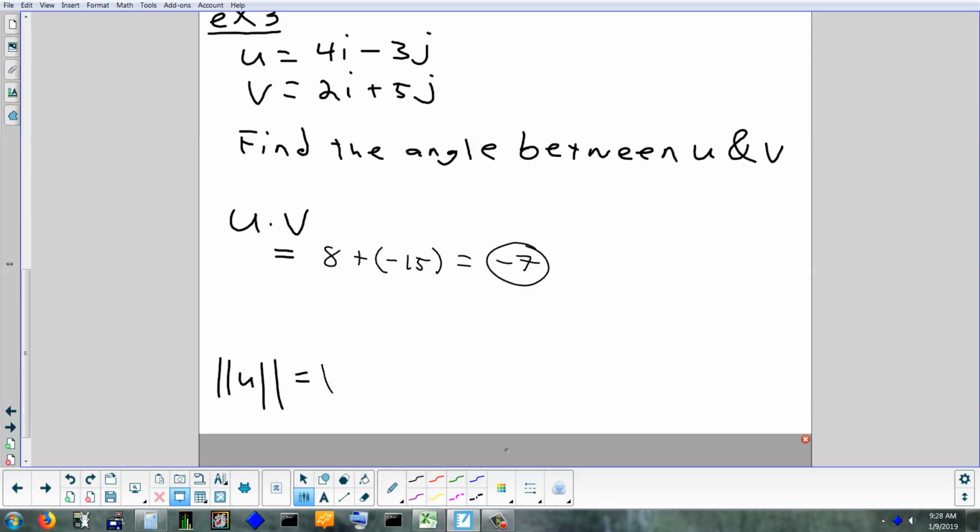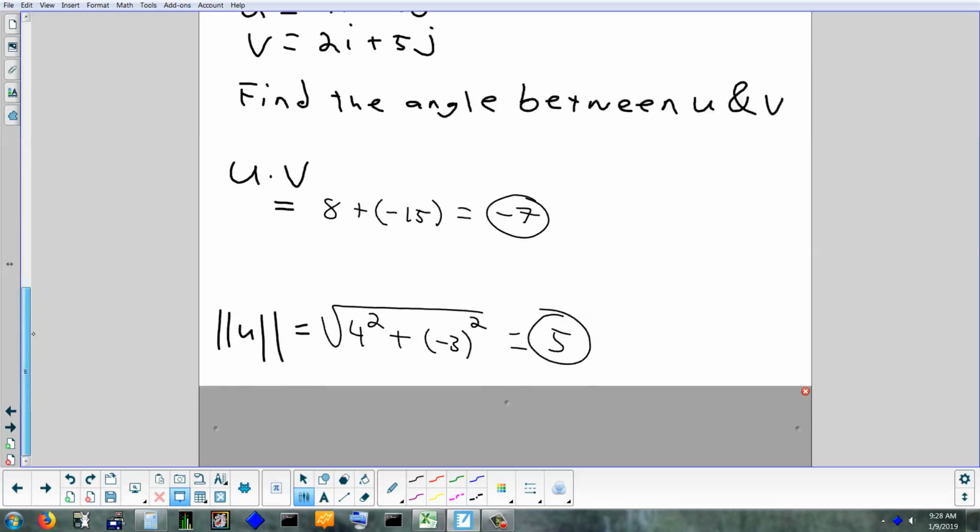And what goes under the square root? 4 squared plus 3 squared. Negative 3 squared, it doesn't really matter because you're going to square it. 16 plus 9 is 25. Square root of 25 is 5. So we got a nice answer.